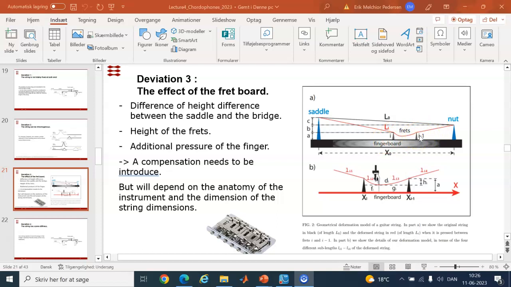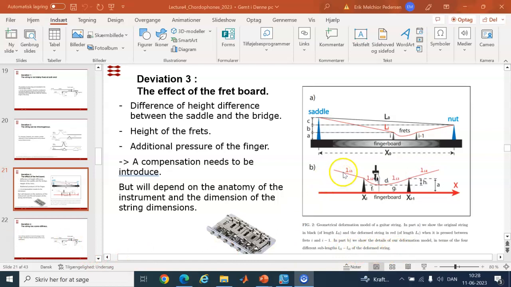In part B, we show the details of our deformation model in terms of the 4 different sublengths Li1 to Li4 of the deformed string.